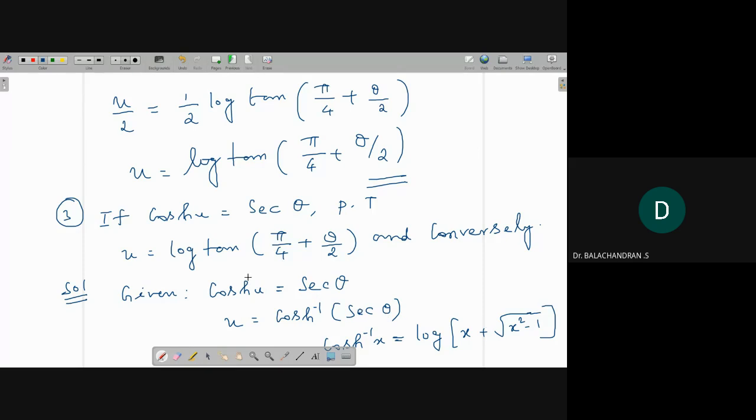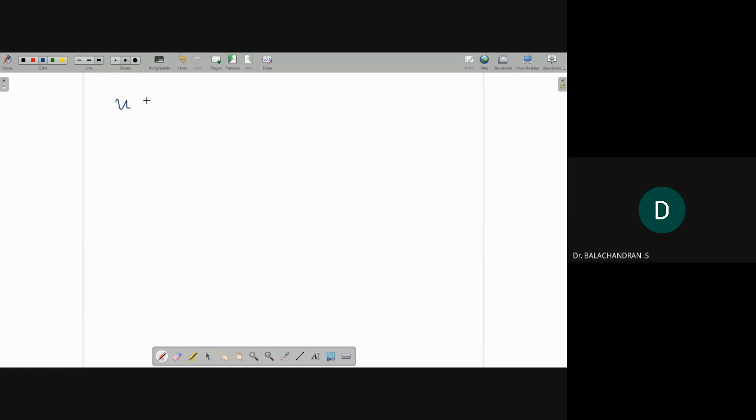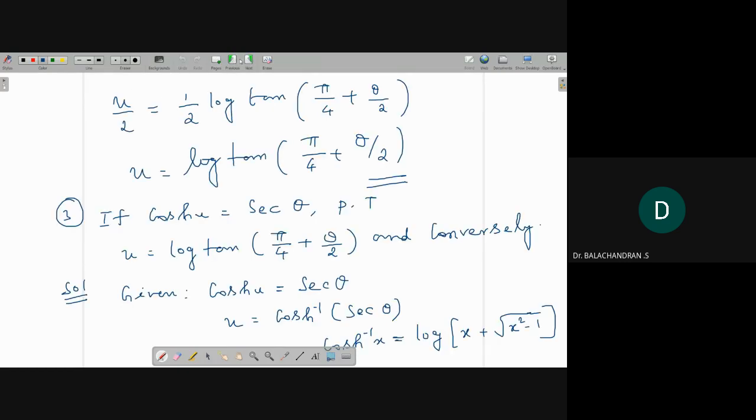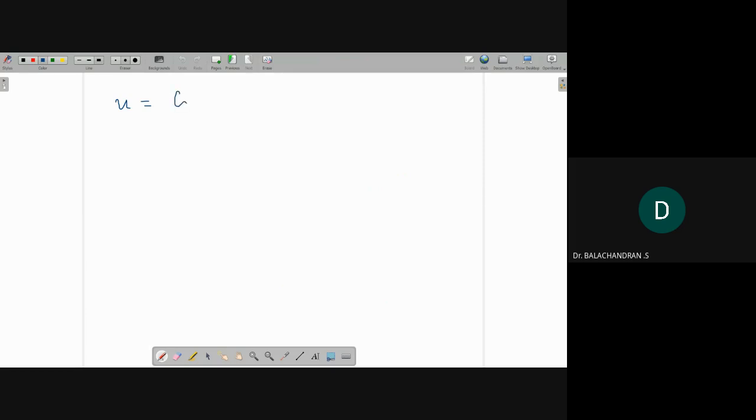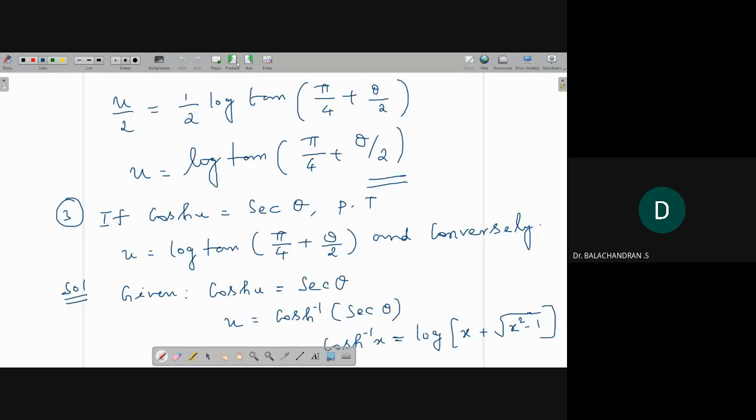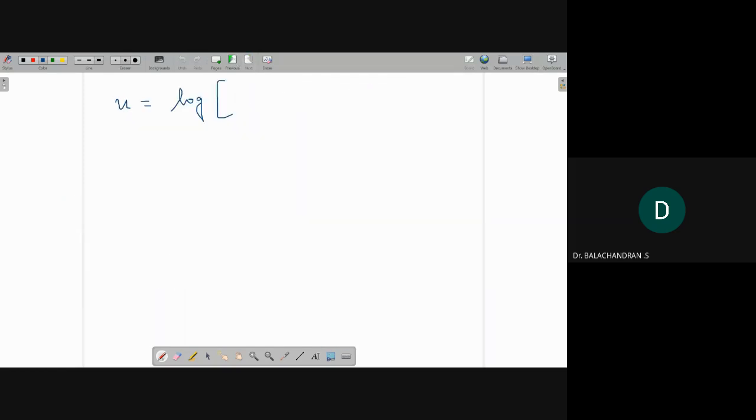So u equal to log of x, which is secant theta, plus root of secant square theta minus 1.